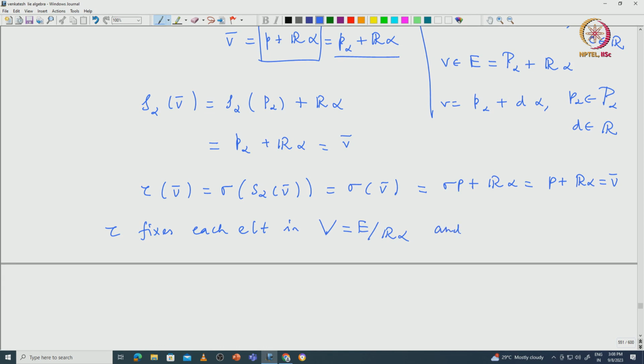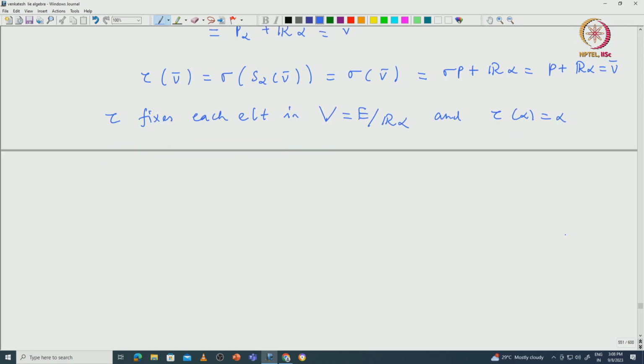also fixes alpha. So, that means tau has only one as eigenvalue. So, the only eigenvalue of tau is 1.